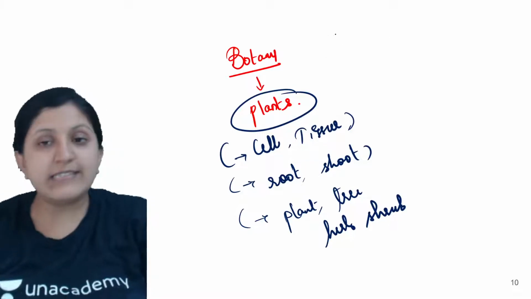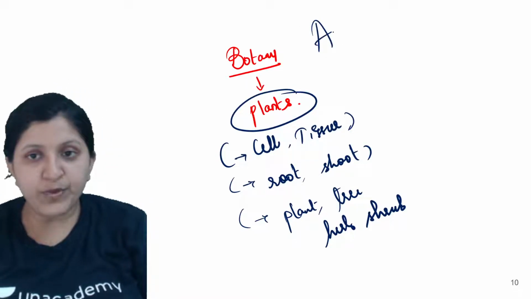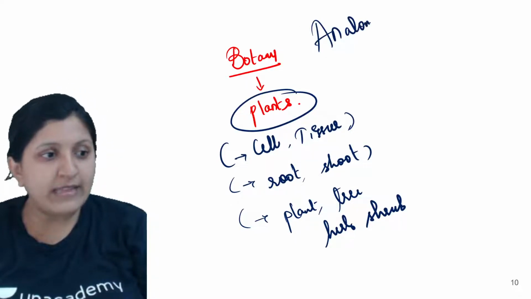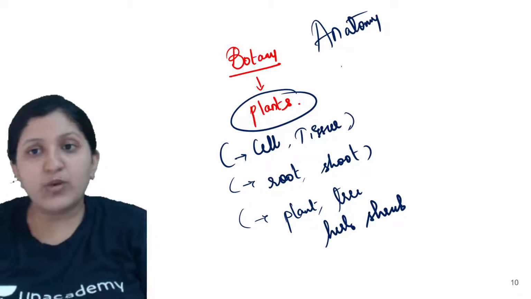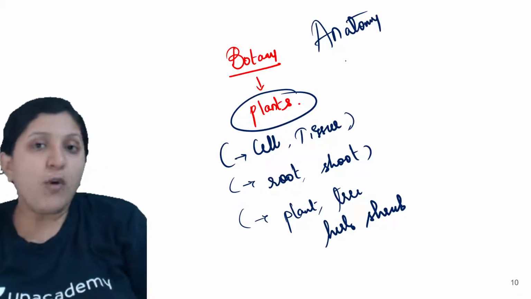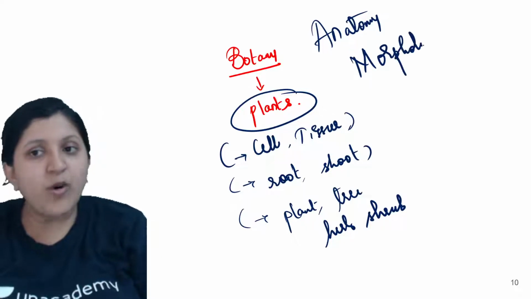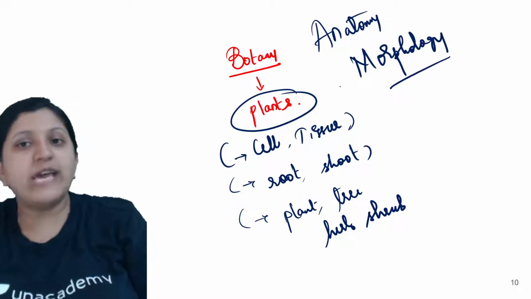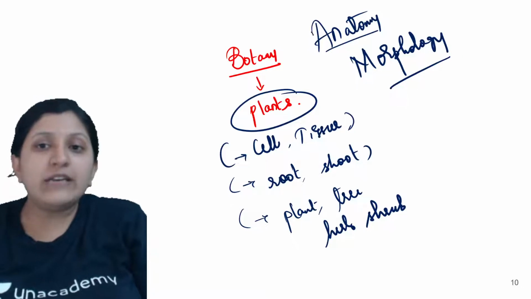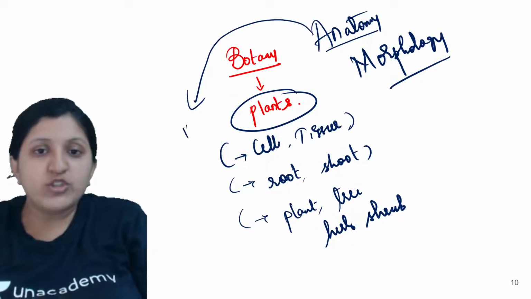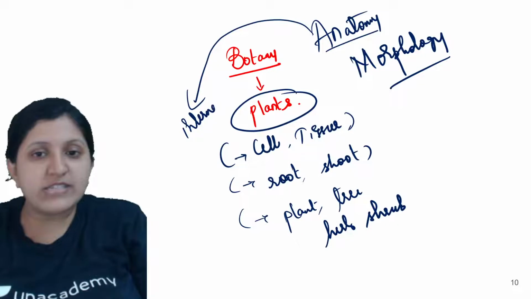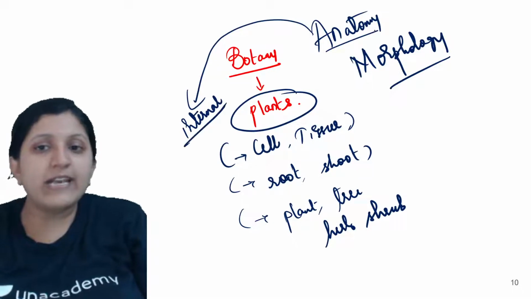So in that case it is anatomy also. We'll be looking at the anatomy and we'll be looking at the morphology as well. So what is anatomy? Internal structure study. Internal structural study is done, so that is anatomy.